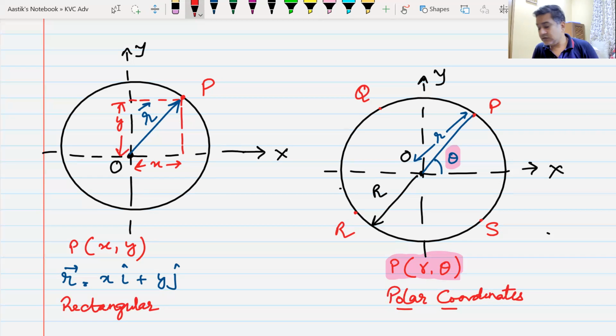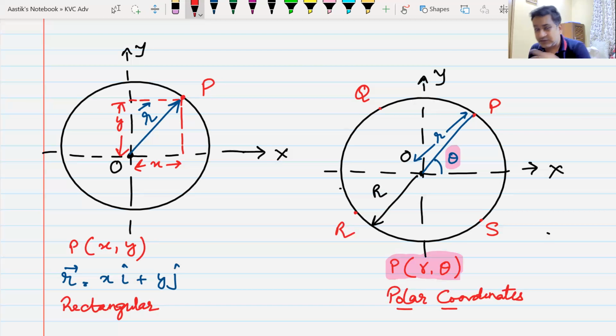This theta is known as the angular position of the particle in circular motion. It's applicable to circular motion. You can also do it for any other motion, but for any other motion, this may not be so good. This may look very awkward and very different and very confusing. But for circular motion, this becomes very simple. In physics, we are trying to make things simple and not trying to complicate things.